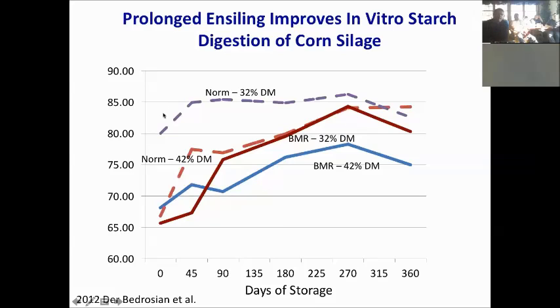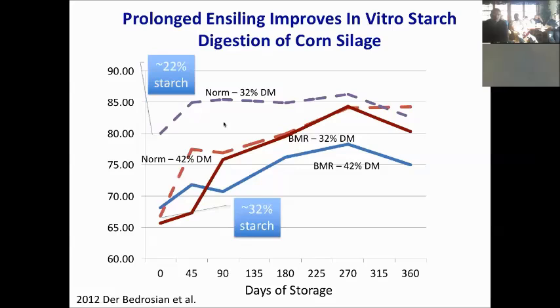And actually, if you take a look at that sample, even though it was 32% dry matter, it was an odd sample from the field where, instead of having about a 32% starch content like all of these samples had, for some reason it had not matured and was very low in starch.